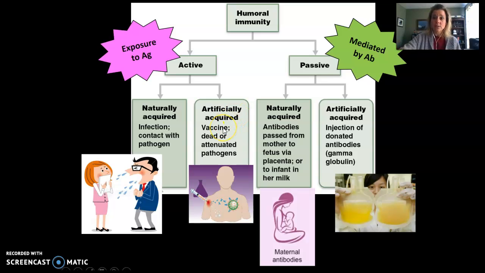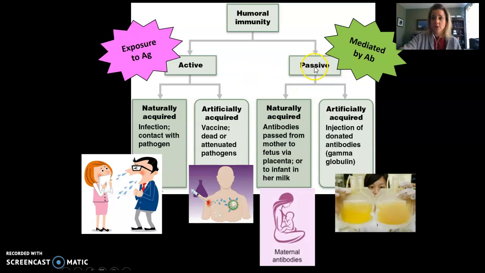So vaccines, for instance, which are made of dead or denatured antigens, are an example of artificially acquired active immunity. Artificial because it requires that needle or an injection, and active because we are exposing our body to an antigen.